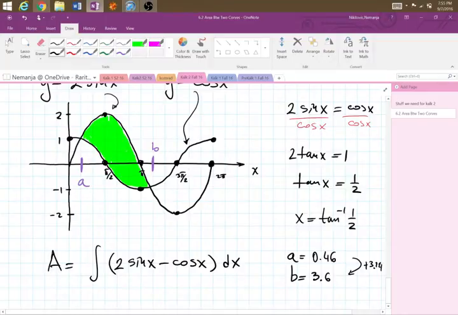So here are my wonderful limits of 0.46 and 3.6. We integrate and then use these values. Again, we're computing in radians, so sine of 3.6 is just fine.